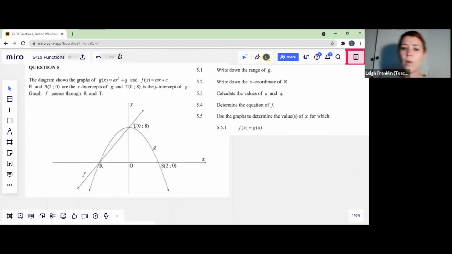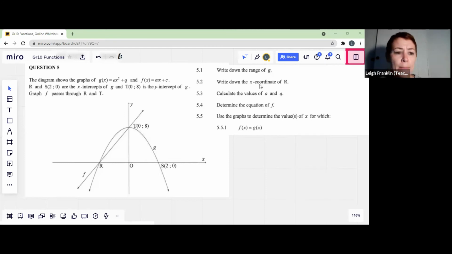Now these questions all relate back to things that we had spoken about in the first and the second lessons. Although question 5.5 isn't something that we've spoken about before, that doesn't matter. We can certainly talk about it when we get to it. If anybody is feeling really confident, you are welcome to go ahead and answer these questions and do as much as you can, and we'll talk about the answers.